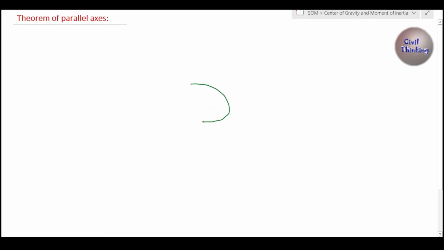I can also put this in another way. Let this be an area. Let us draw two lines. This is the center of gravity, or the centroid, of this area, and its area is A. I draw two lines passing through the center of gravity.